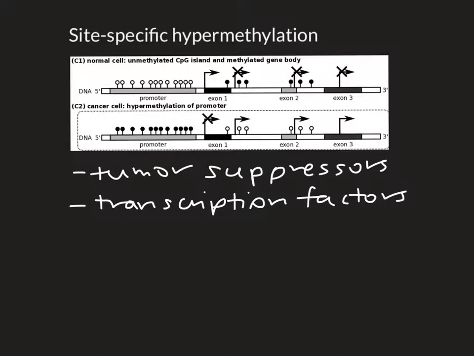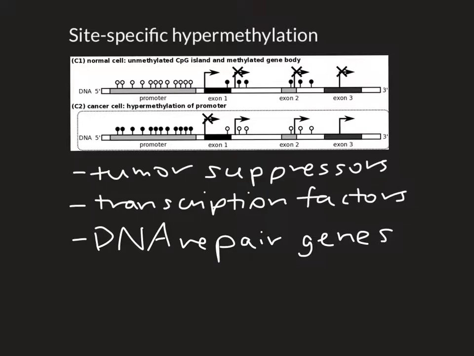This consequently inactivates their target genes, some of which may be tumor suppressor genes. DNA repair genes are also targeted. Their hypomethylation allows abnormalities to accumulate, catalyzing the progression of cancer.